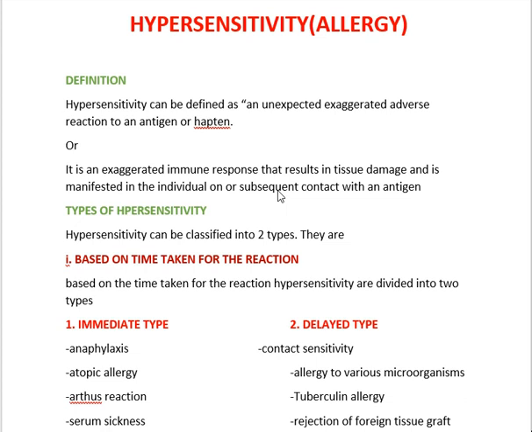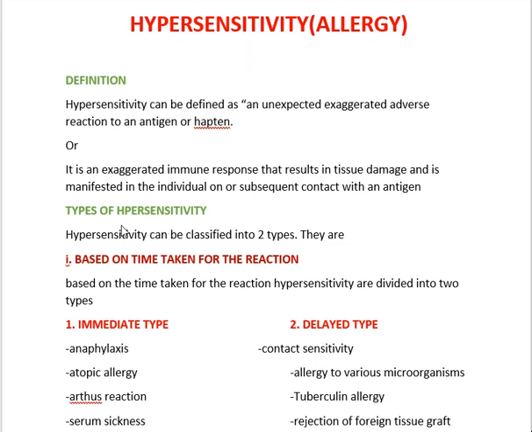There is no need to respond immediately when the antigen comes into the host. So it may occur after frequent exposure or sometimes immediately after the entry of the antigen. Such an exaggerated immune response is called hypersensitivity.